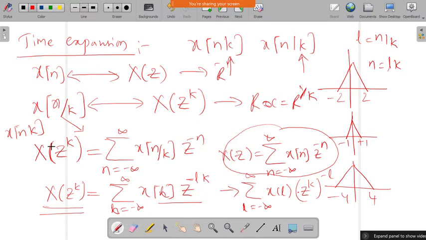If it is nk, just put the value of l. If it is nk, what will n be? It is l by k, right? So that means it will give z power 1 over k, is it not?